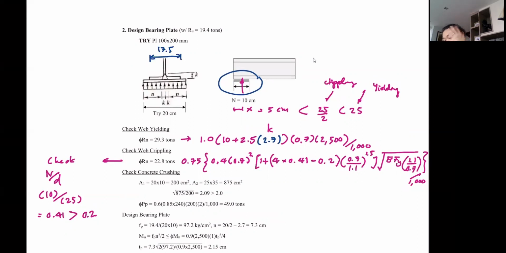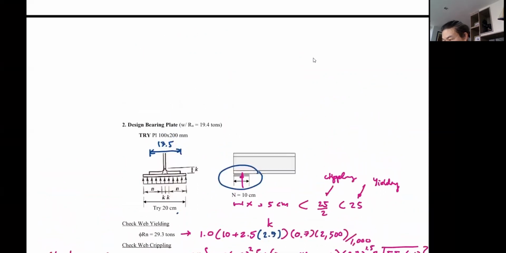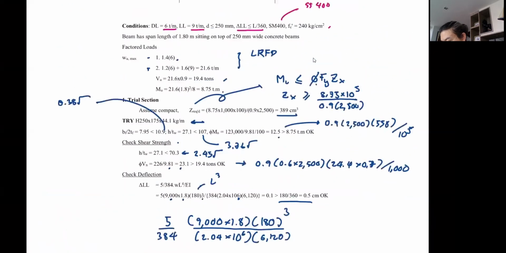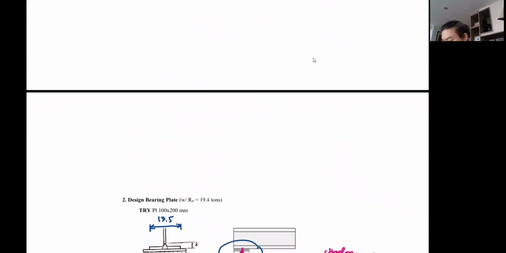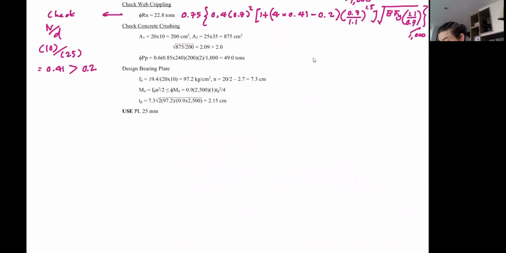So we're going to try the 20 centimeter wide plate. This is essentially the same as the width of the beam, right? Actually, it's 250, so we're not going to use all of them. Let us start from 20 centimeters and see what happens.